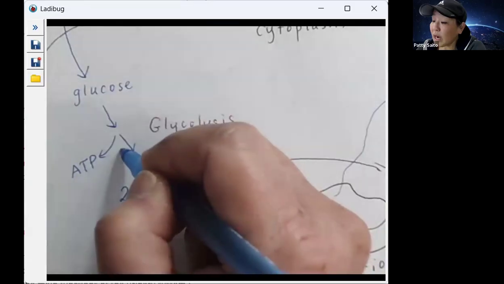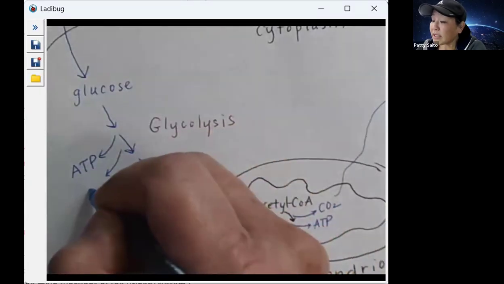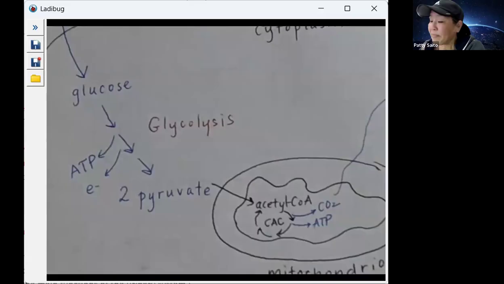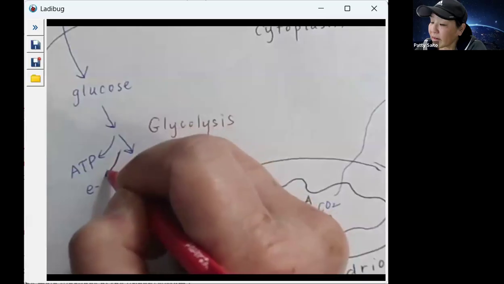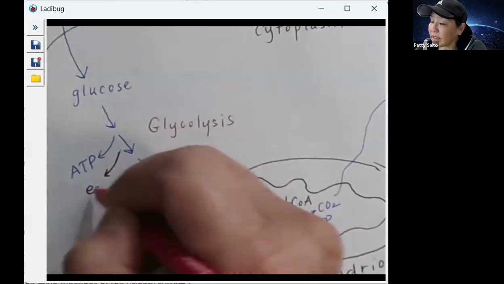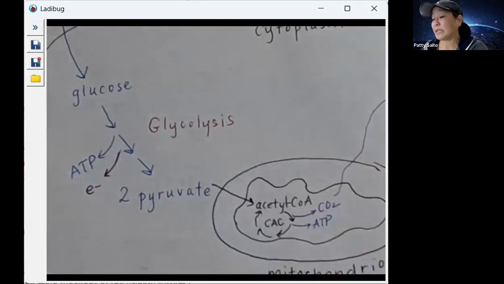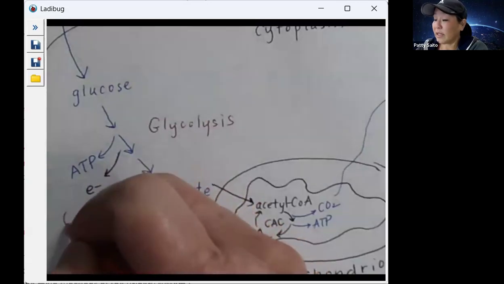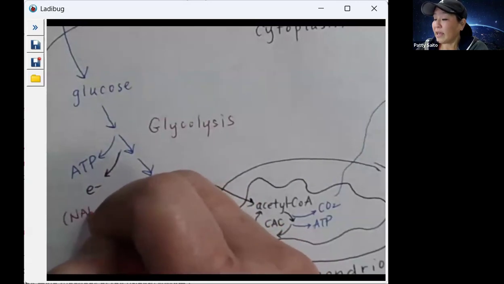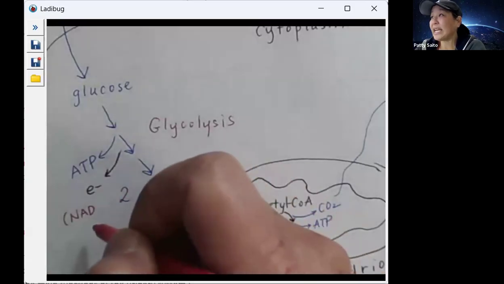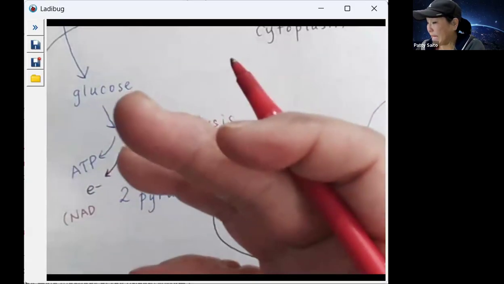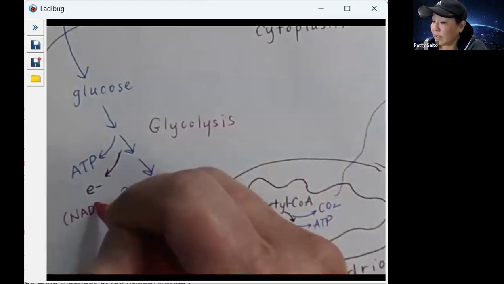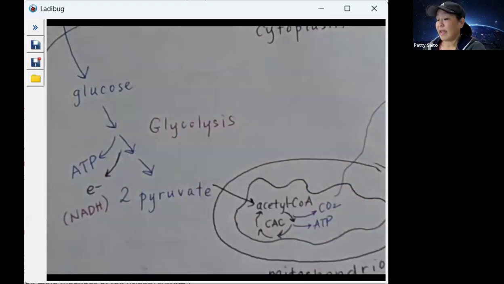We also get some electrons out of here. Now, electrons, maybe I'll make them a different color. Electrons are carried by specific molecules, one of them being a nicotine-based molecule that carries the electrons.